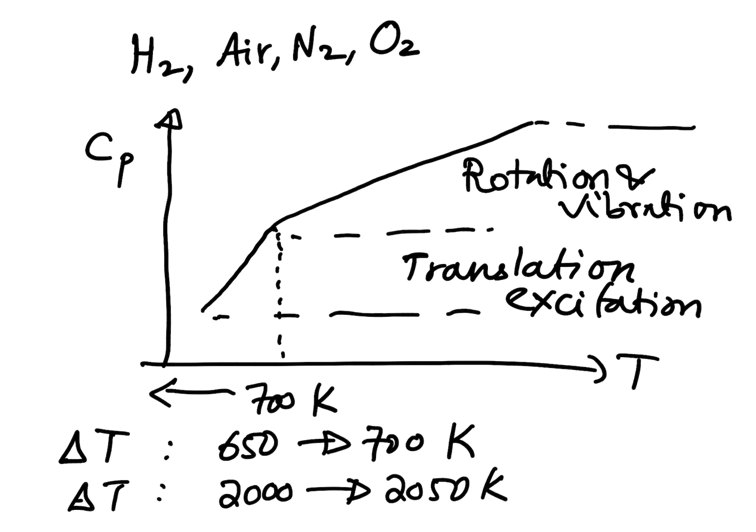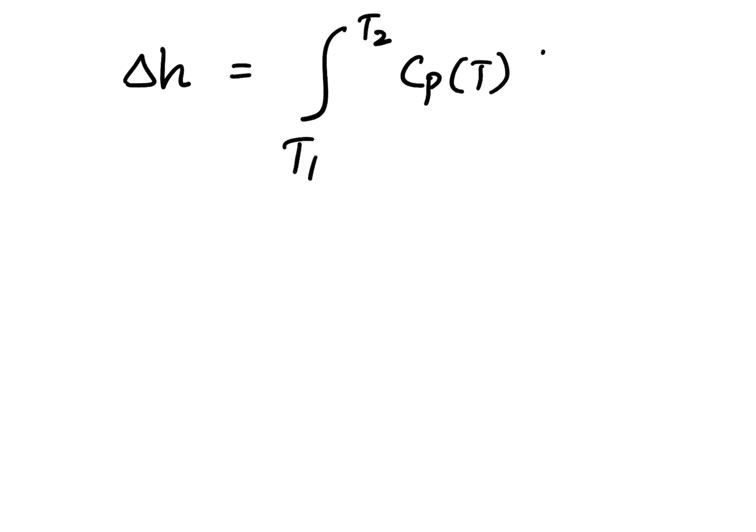Even though the delta T is the same in both cases, it will have different values of delta H because the Cp value is different. Cp is a strong function of temperature. If you want to calculate delta H, you need to integrate Cp of T dT from T1 to T2.